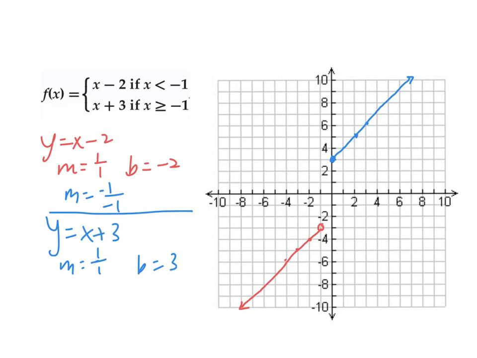Here's my only issue. Where does this part of the line start? For what x value? What is the x value right here? 0. Right? The x values have to be greater than or equal to negative 1, which means it really needs to start where x is negative 1. So in this case, since I knew my slope was 1, I could just go down 1, left 1, and sort of back it up a point and line it up.